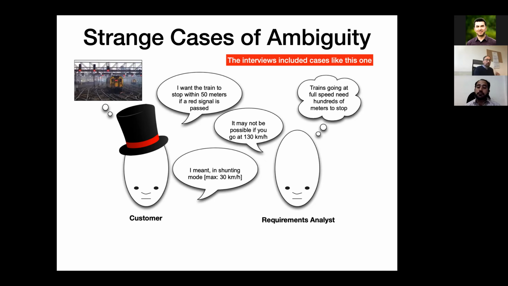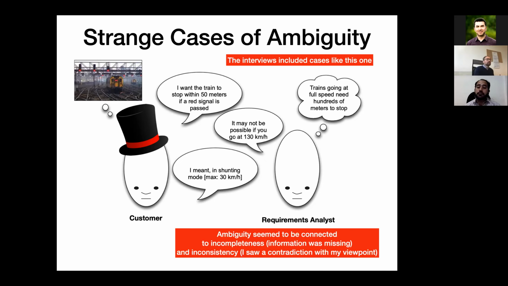So this type of ambiguity seems to be strictly connected with two other phenomena that are incompleteness, because he didn't say that he meant in shunting mode in the beginning, so he provided incomplete information, and also inconsistency, because I saw that what he said was inconsistent with my previous knowledge, and this allowed me to say, hey, this looks ambiguous to me.